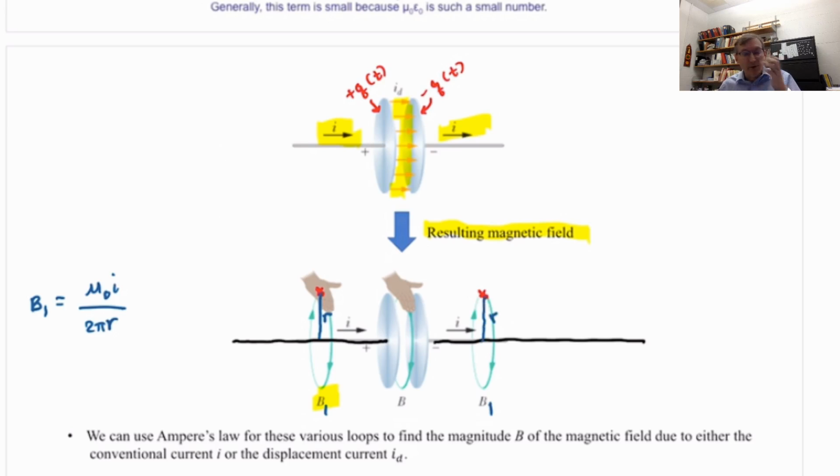Conventional current producing magnetic field, long straight wire. In this case, we know the formula. What about if we happen to be located at a point that is lined up with the gap region of the capacitor, but just beyond the edge of the plates? Still that distance is r from the center.